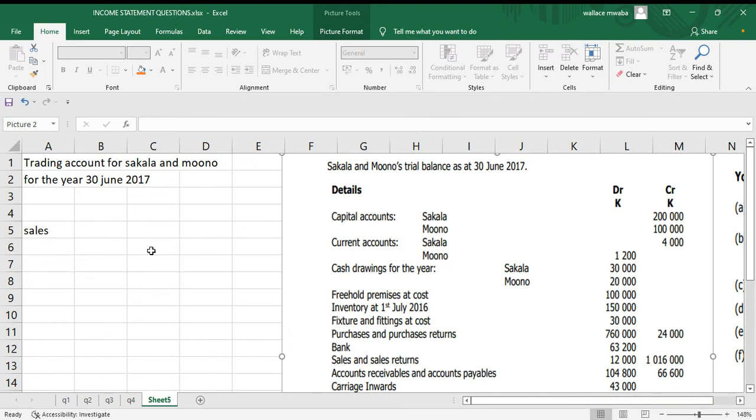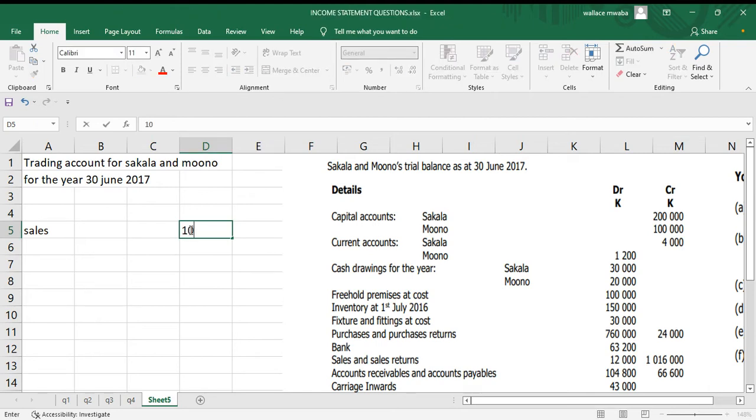We're going to record our figure 1,016,000. Then our sales returns is 12,000, all right? Sales returns, these are goods customers bring back.